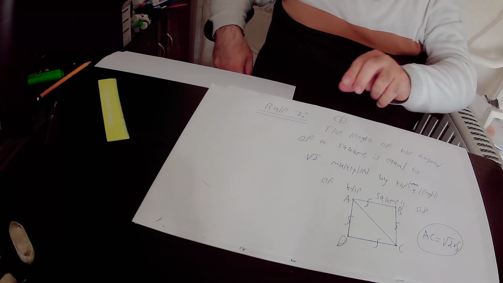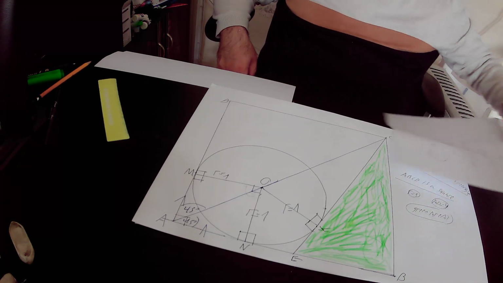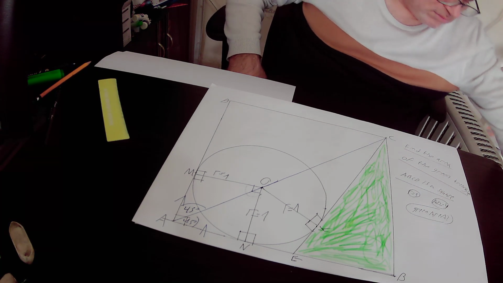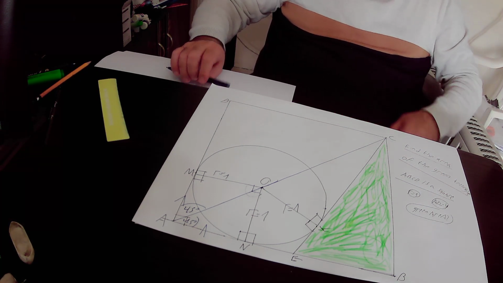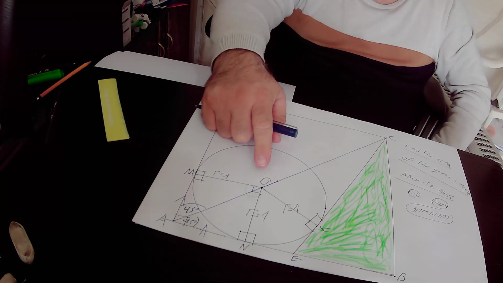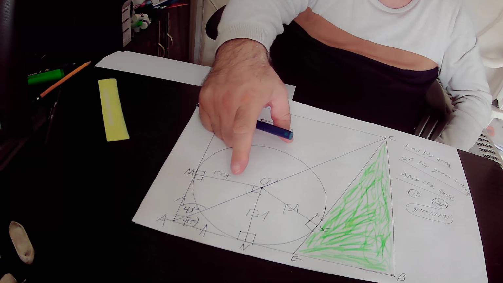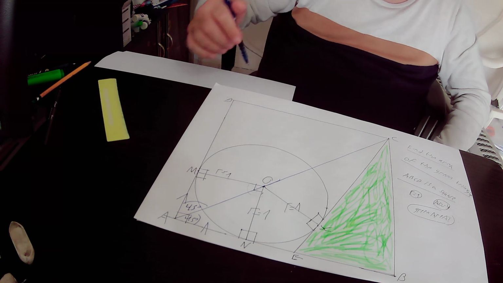Okay? So we can find out the value of diagonal OA according to rule number 7.